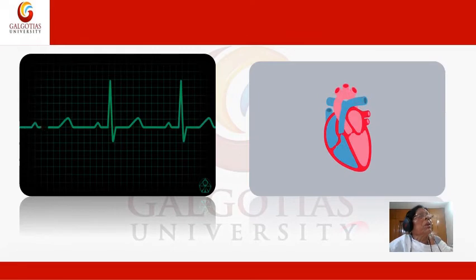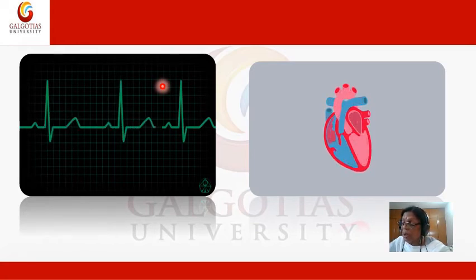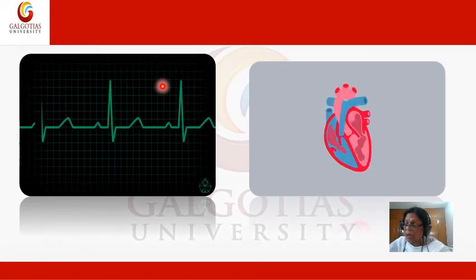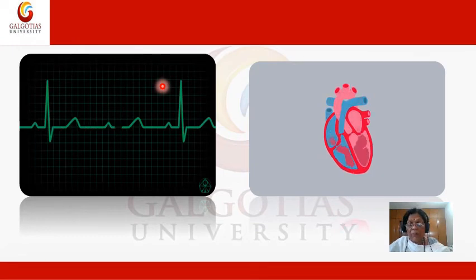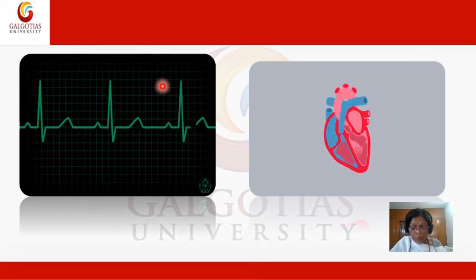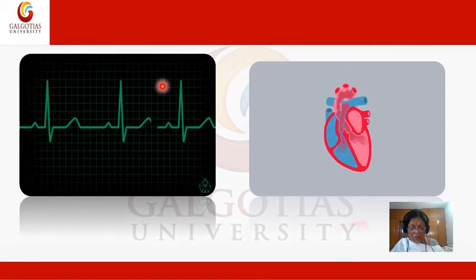Thus we see that this is all about the vectorial analysis of the normal electrocardiogram. P wave denotes the atrial depolarization and is recorded positively in electrocardiogram.